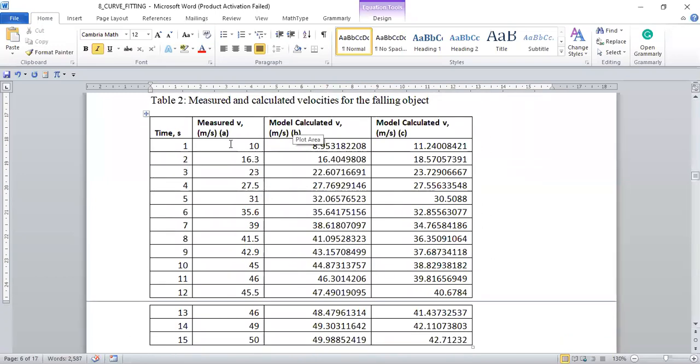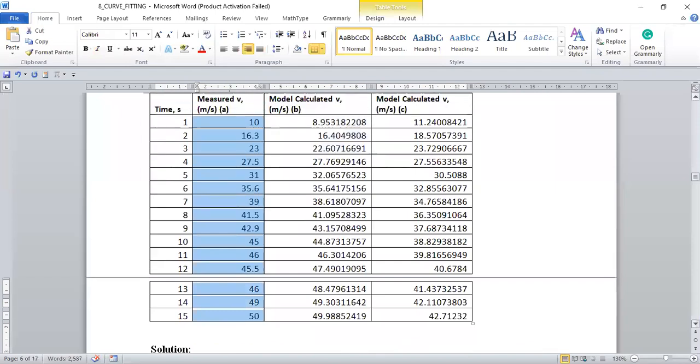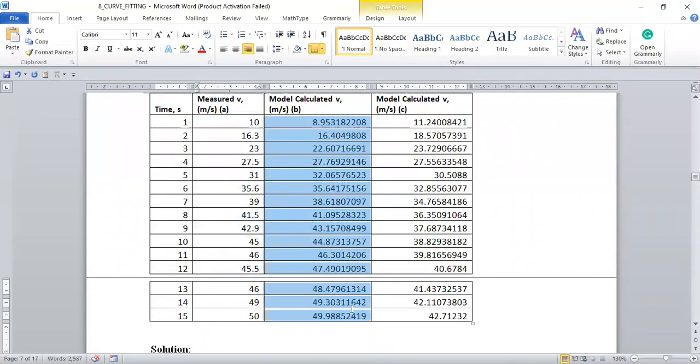The velocity of a falling object was measured with time. So at t equal to these particular time steps, this was what was measured. This was the measured data.